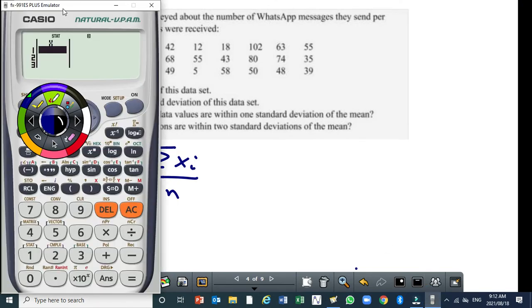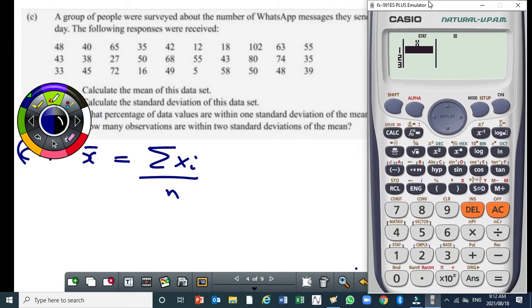Can you minimize talking unnecessarily, please? Right. So I'll start with 48. Then you press equals. Then 40. Please do it as I am doing it.